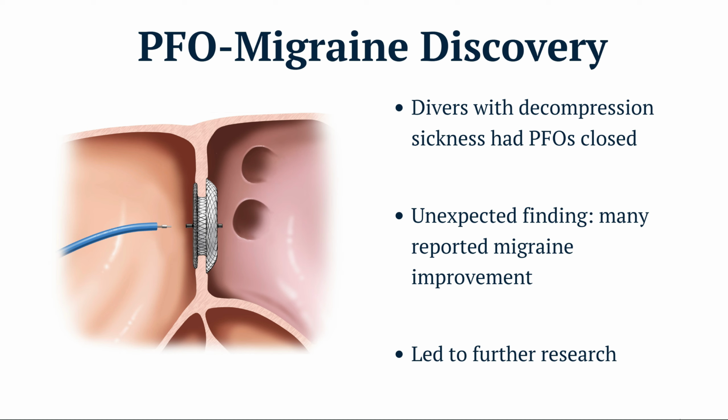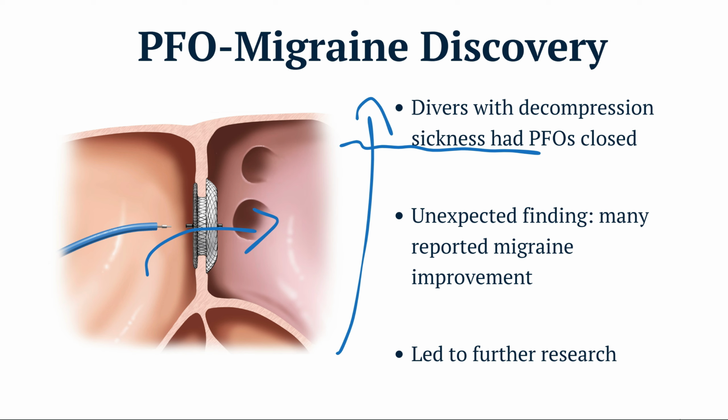Now, the connection between PFO and migraine was actually discovered by accident through observations of deep sea divers. Divers with decompression sickness were found to have a higher rate of patent foramen ovale. This happens because nitrogen bubbles can pass directly from venous to arterial circulation through the PFO as the divers make their ascent out of the water.